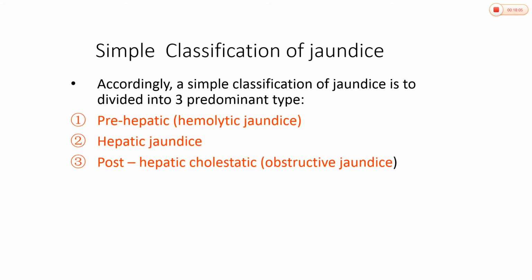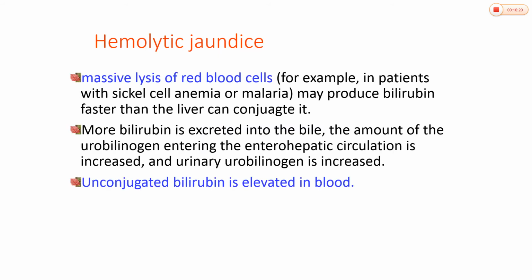So jaundice is classified predominantly into three types: the prehepatic jaundice, which is called hemolytic jaundice, second is hepatic jaundice, and third is post-hepatic, cholestatic or obstructive jaundice.